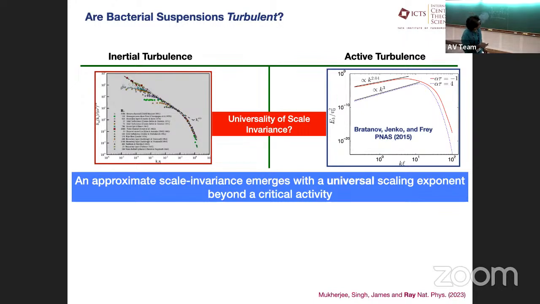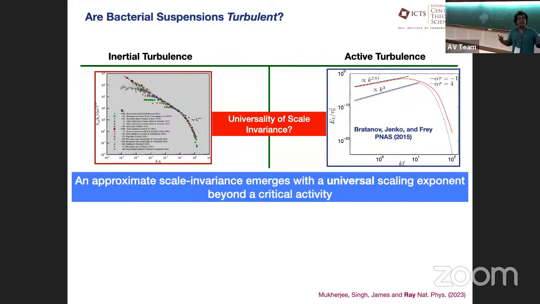What we find is that there is a critical activity. You take your bacterial suspensions. Sankar was talking about suspensions where you put in more alcohol to slow things down. You take a bacterial suspension, and you feed the bacteria well enough so that it starts to become more and more active.